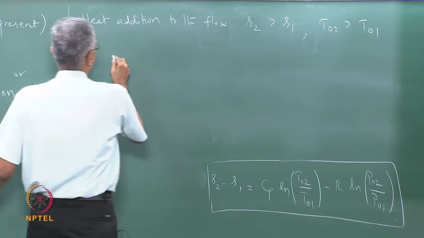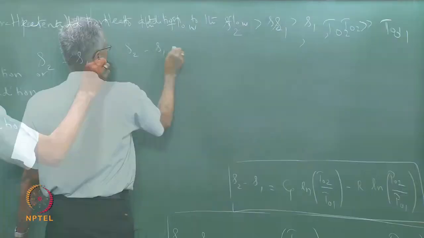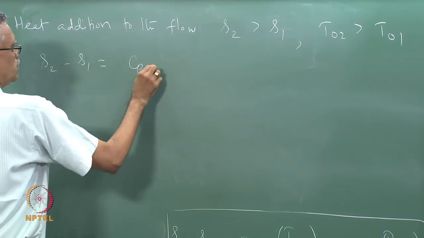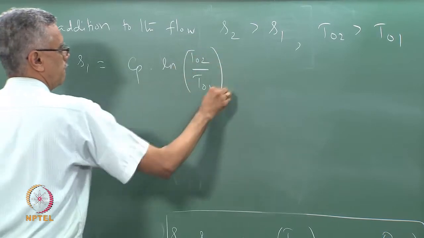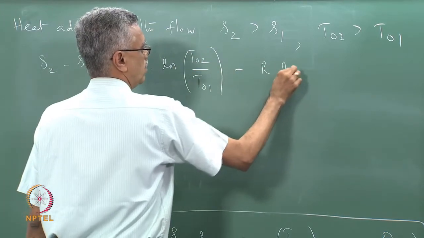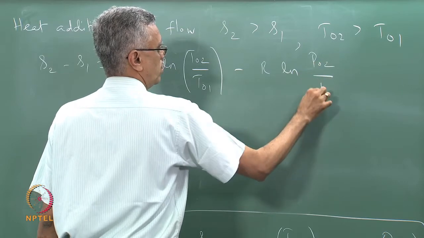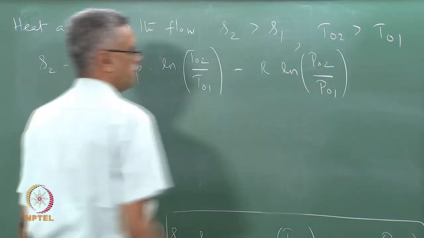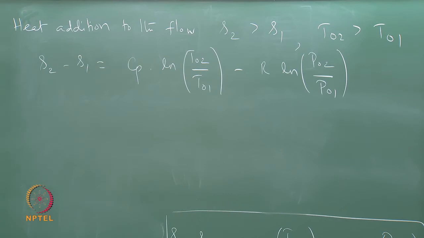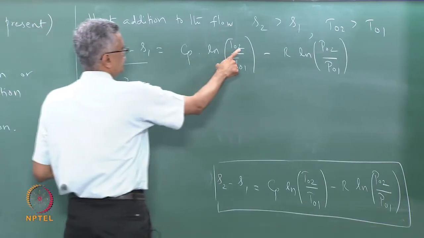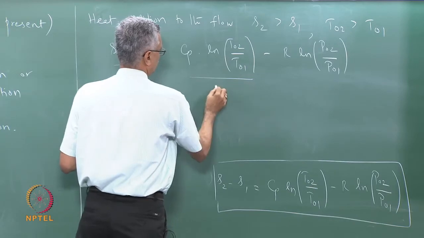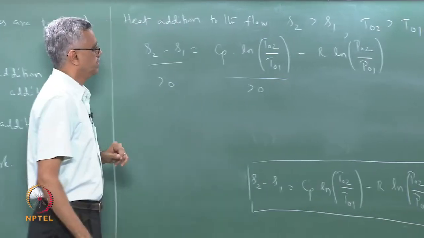So if you go back to our original equation, S2 minus S1 is equal to Cp natural log T02 over T01 minus R natural log P02 over P01. So this is a positive quantity, right? This is greater than 0, and since T02 is greater than T01, this is also a positive quantity.